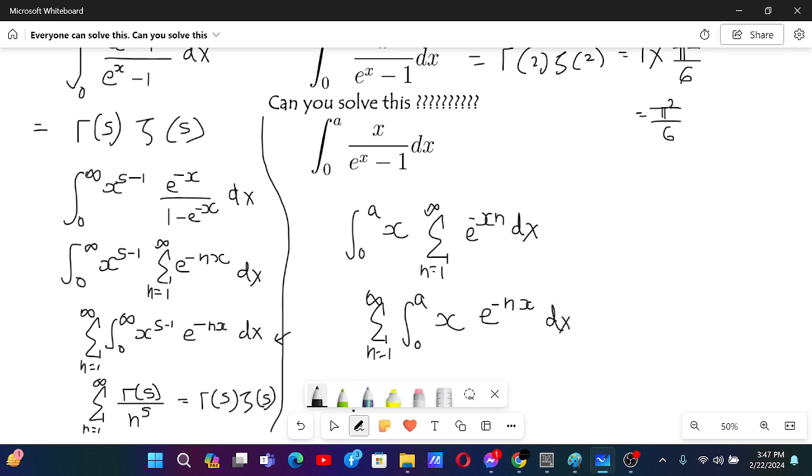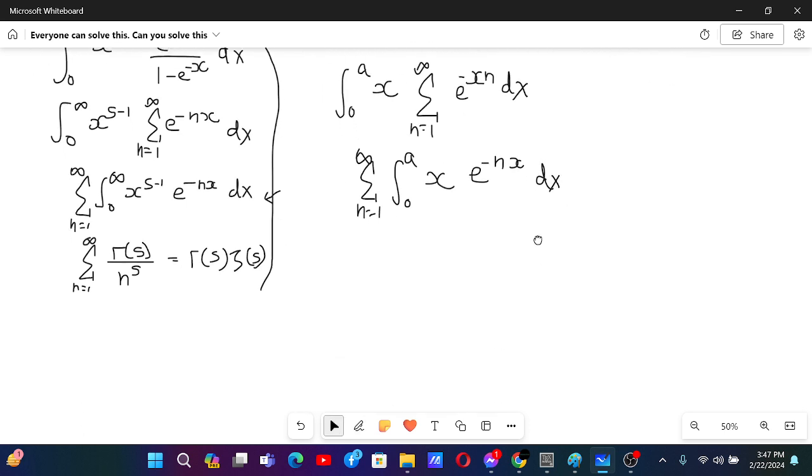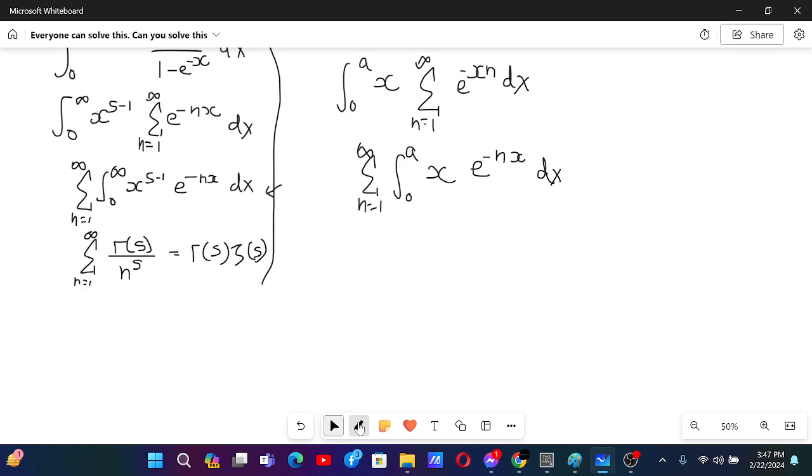After that we have the sum from n equals 1 to infinity, and then the integral goes from 0 to a of x e to the power minus nx dx. If you can't use the Laplace transform, what you can do is use integration by parts.